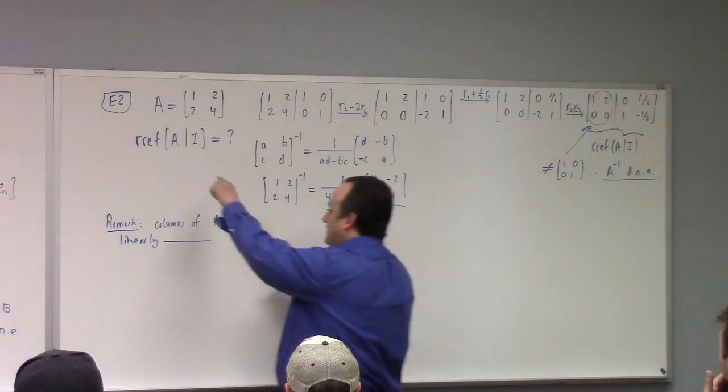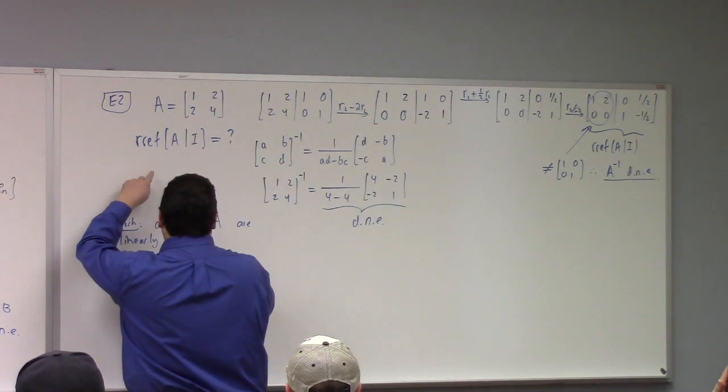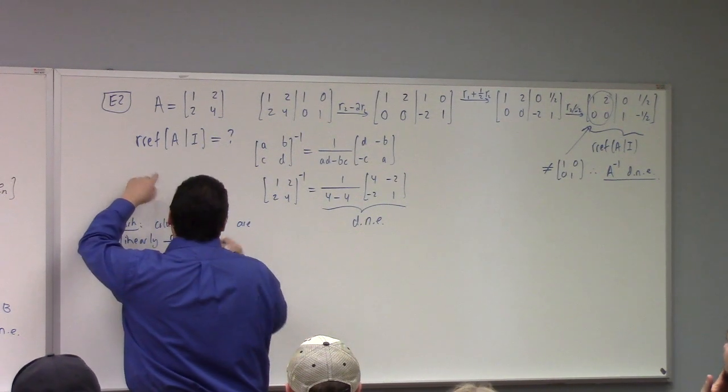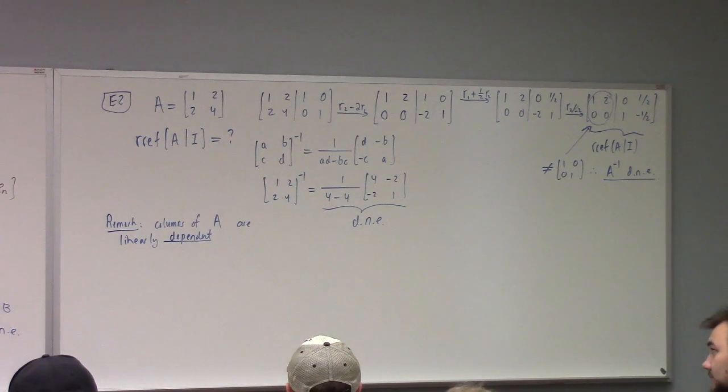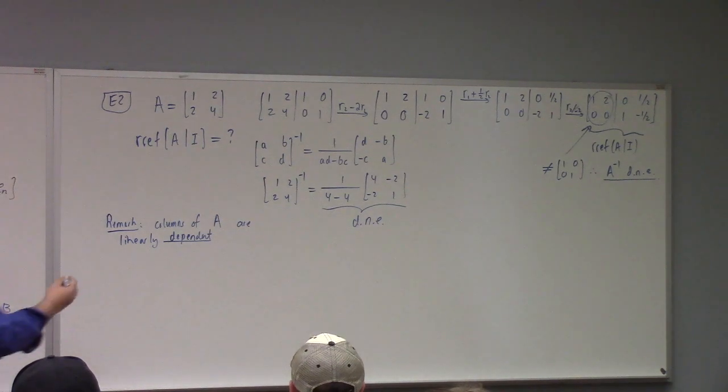It's kind of obvious, right? Why do I say that? You got what? Column 2 is twice column 1, right? One's a scalar multiple of the other, like we talked about last time. That gives linear dependence.